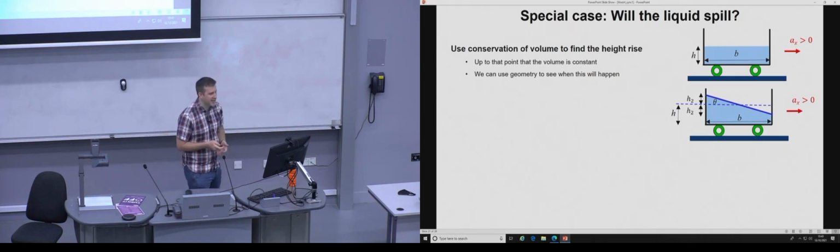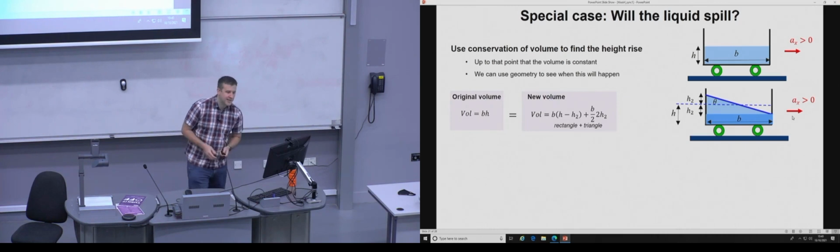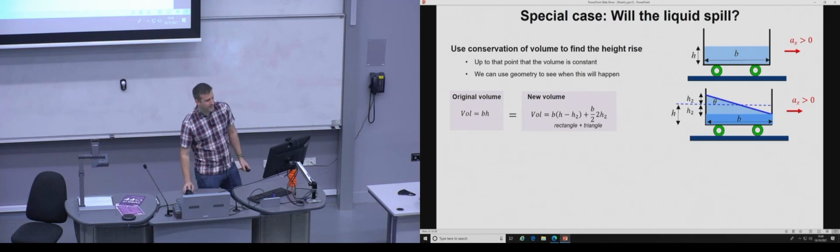In this example, we're saying that a tank has a non-zero acceleration applied to it, and there's no spillage, so we can say that the volume at the top must be the same as the volume here. So the old volume, B times H per unit width, we're just assuming the width is 1, it's got to be the same as this rectangle plus this triangle.